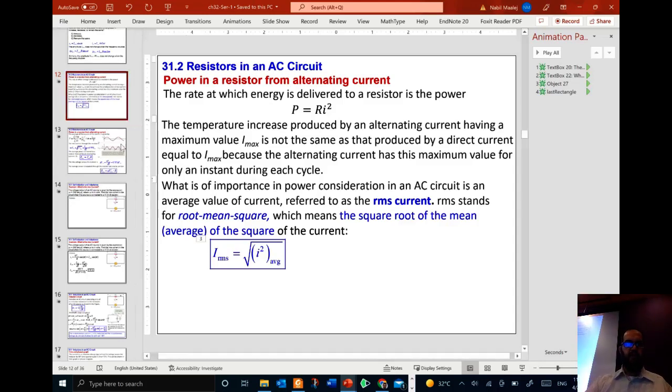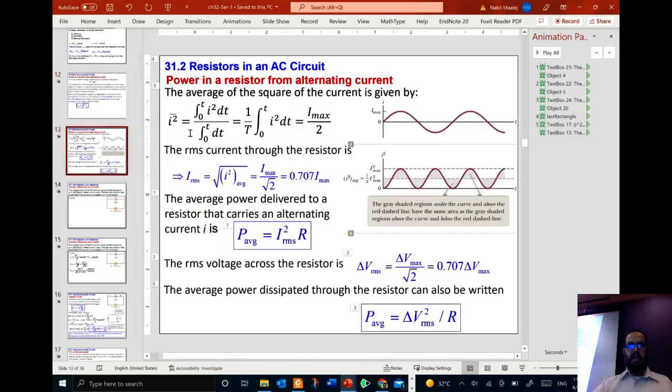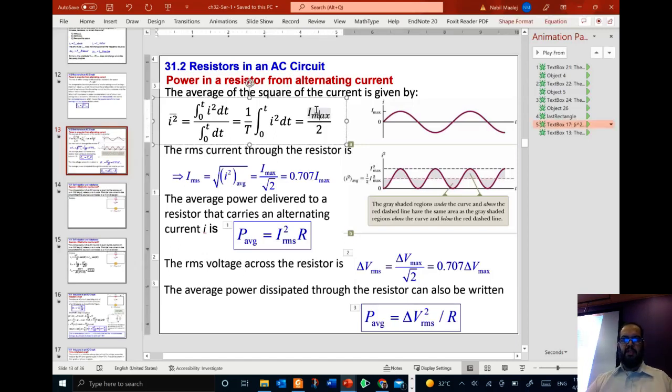If the current is a sinusoidal function, and we take the square of that, that's sine squared, and the average of sine squared is 1/2. So the average of I squared is I max squared over 2.